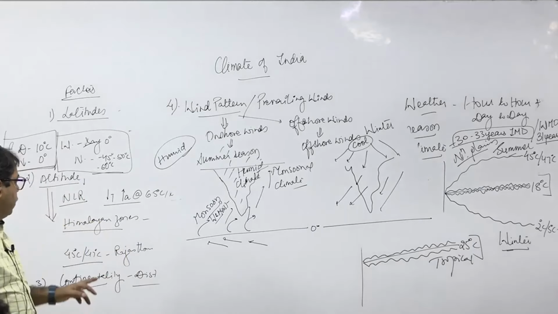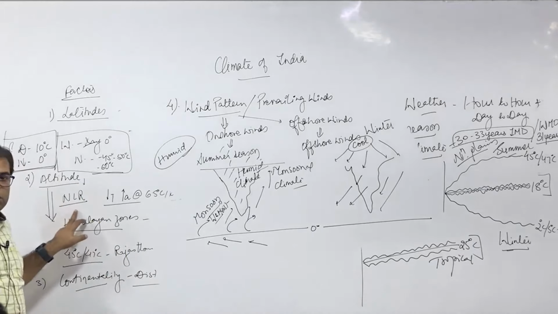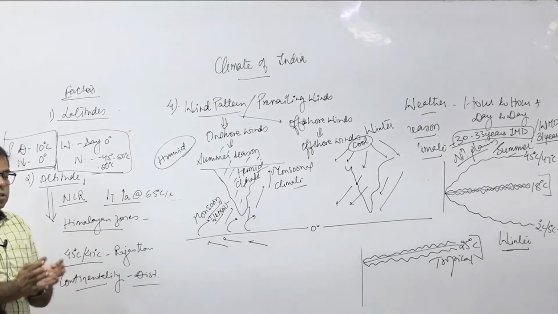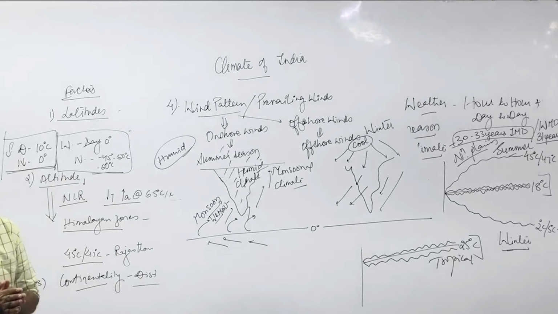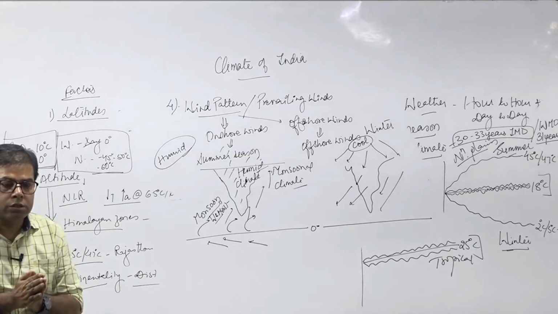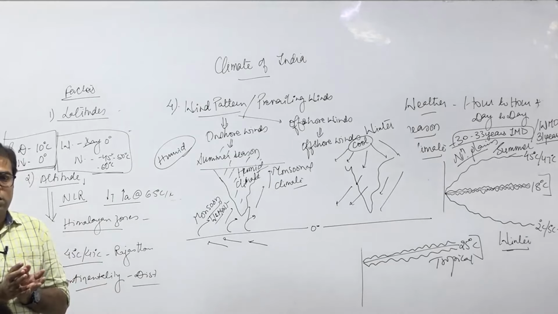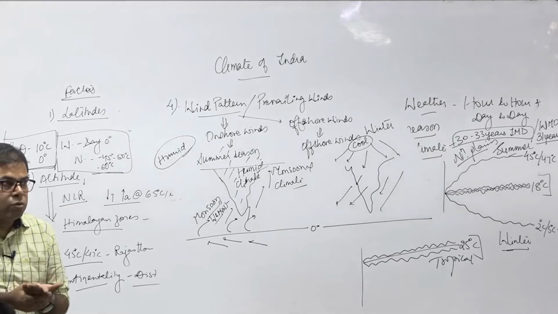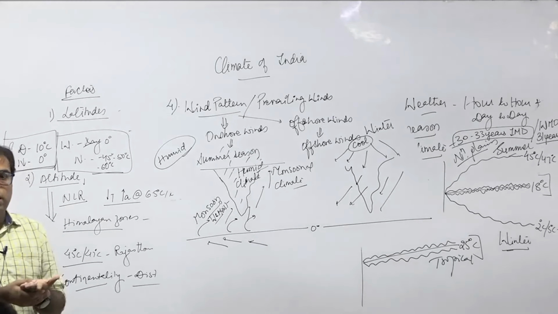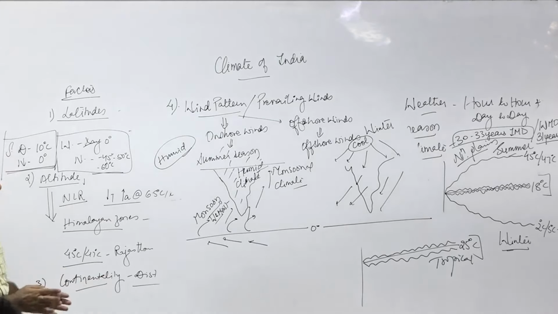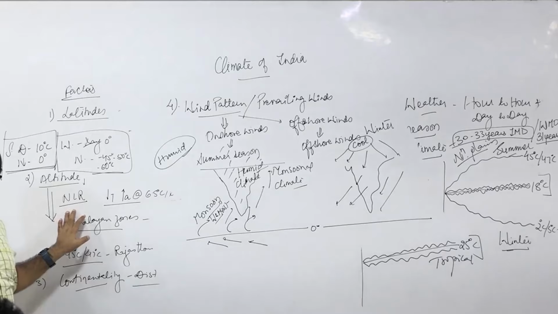So these reliefs will have the local effect. This relief will have the effect of normal lapse rate, means their temperature will be relatively lower in comparison to the surrounding area. Temperature of Bengaluru is lesser than the surrounding plateau, reason for elevation, right. Guru Shikhar in Rajasthan has relatively 2 degrees lesser temperature than the surrounding area, again the reason for altitude.